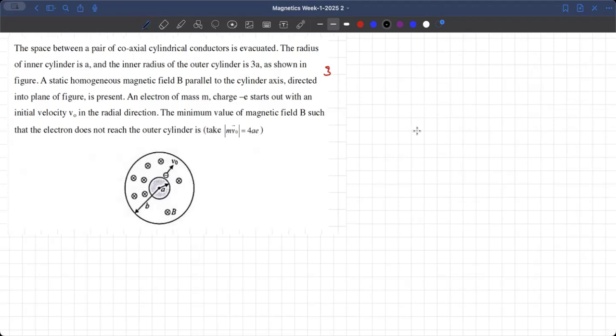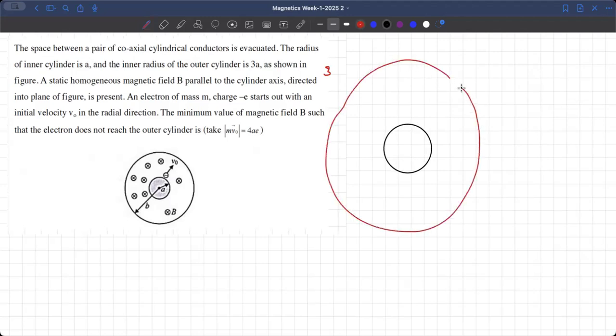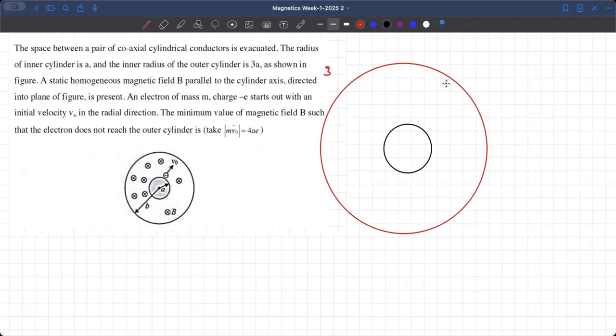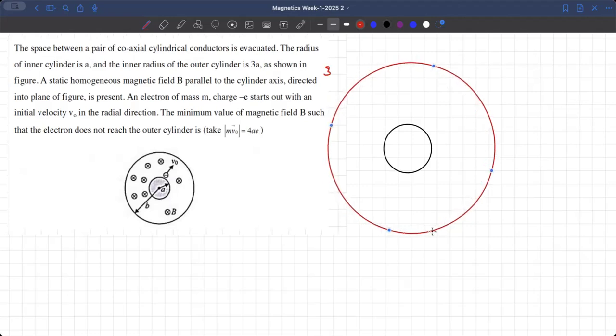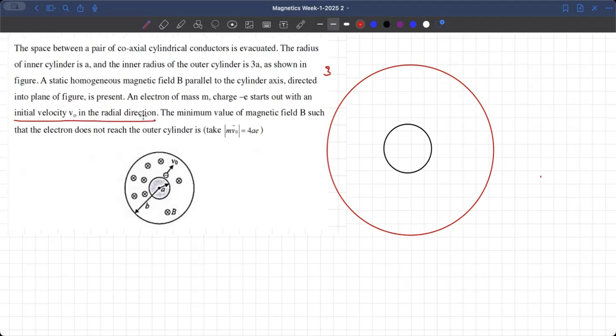Let us try to construct this again. Now, what you have informed me is the initial velocity V naught in the radial direction.